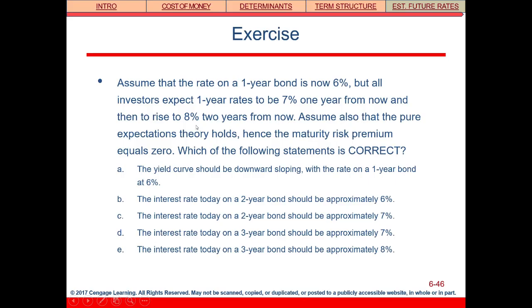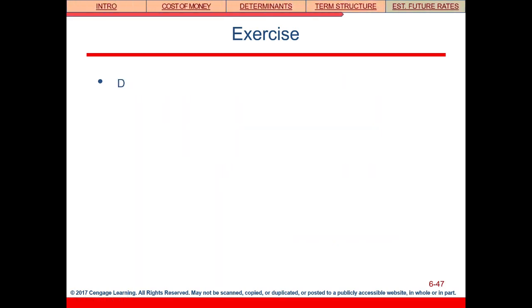In this case, we use the geometric average, so the 3-year bond should be the geometric average of these 3 together, right? So it should be somewhere around 7% in the middle. So in this case, D is the correct answer. So that's the answer.